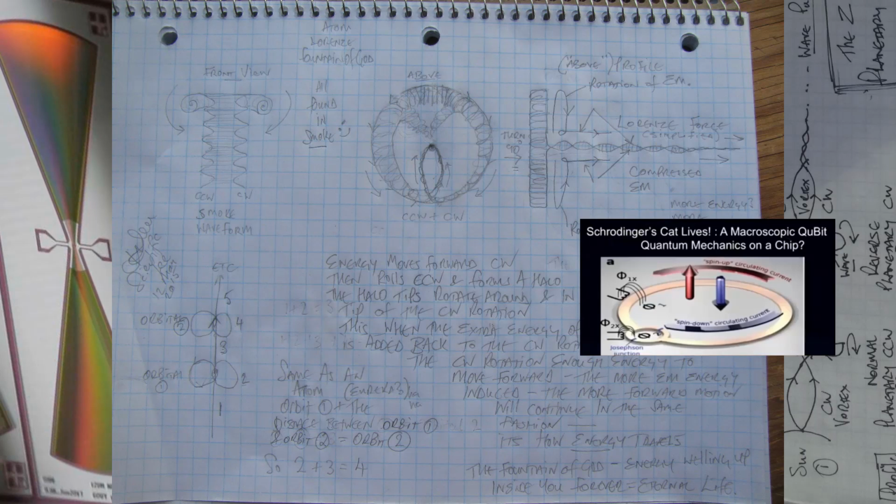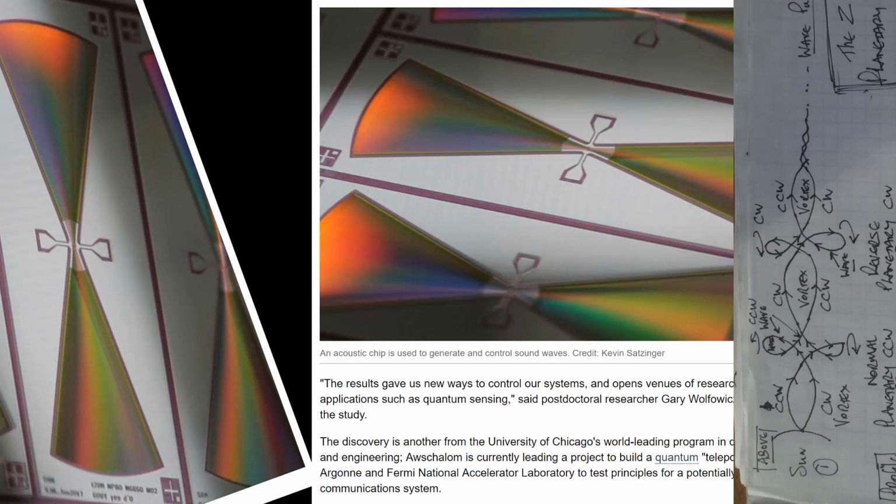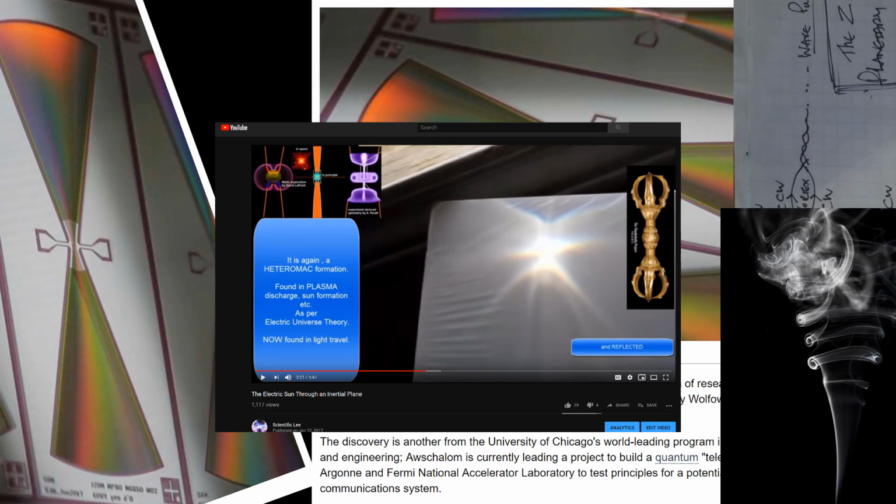I have the D-Wave quantum chip picture. Did they steal my design? Or what? Because I drew mine before I saw theirs. And now we have their vortex ouroborus vortex machine. And yet vortex, ouroborus, I've been showing in light, smoke, magnetism.